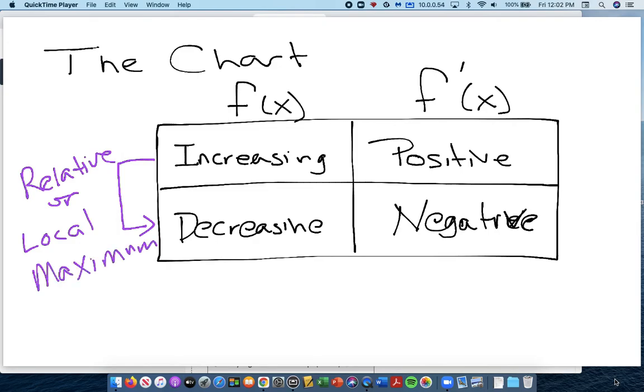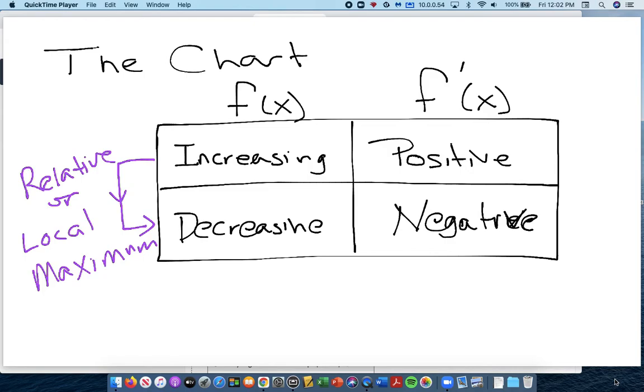If you have the first derivative graph and you figure out where the first derivative goes from positive to negative, that's where a local maximum is going to be produced. So when you go from line 1 to line 2, that's a local maximum.